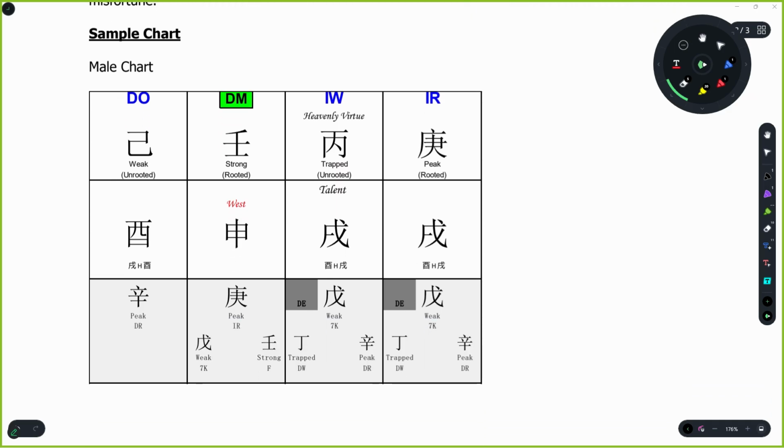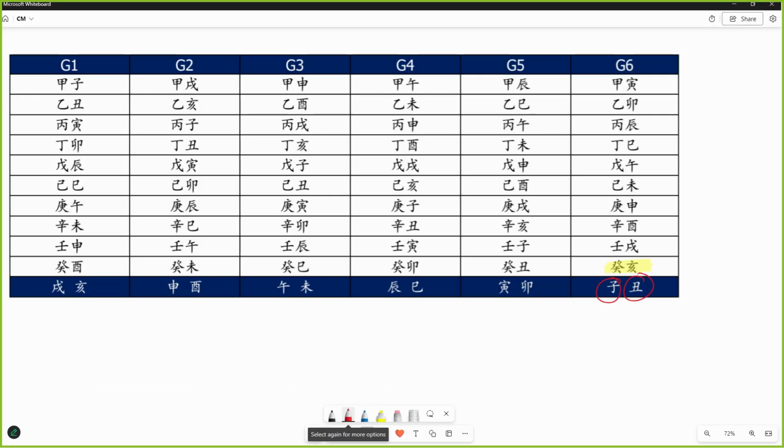Okay, let's take a look here. So what can you say about this person? This person is a Ren Shen Day Master. From the measurement, what would a Ren Shen Day Master have?